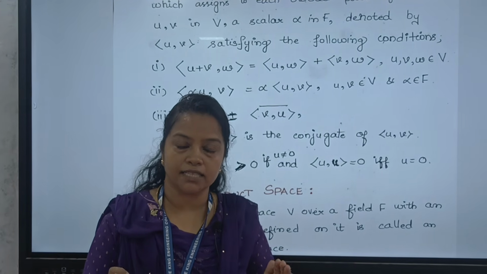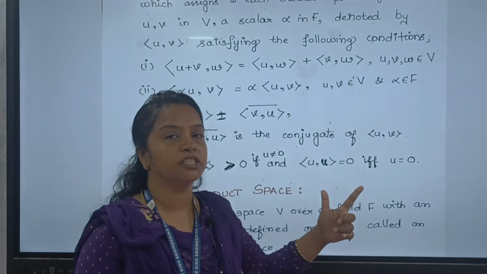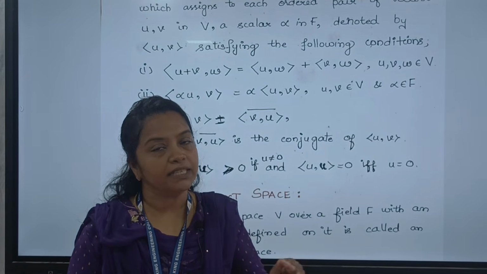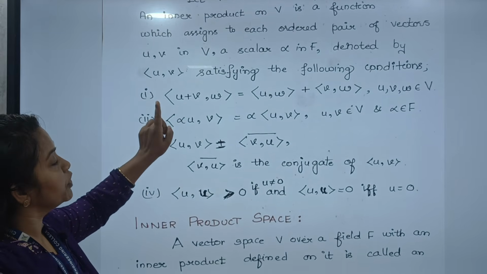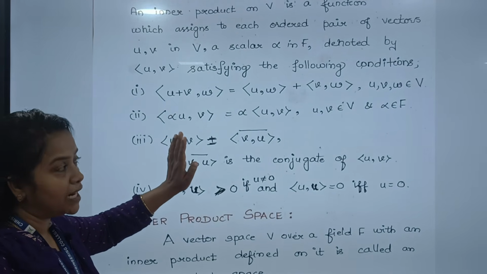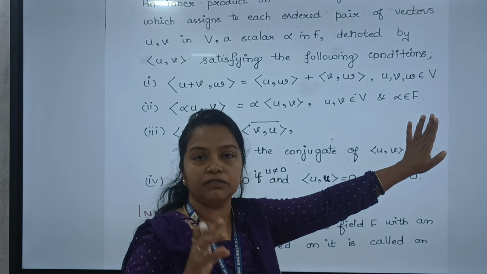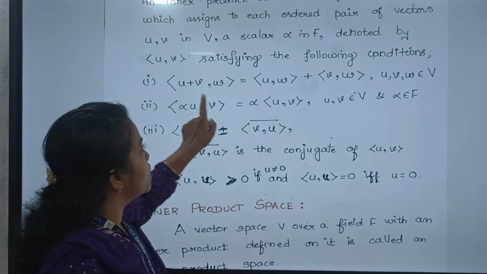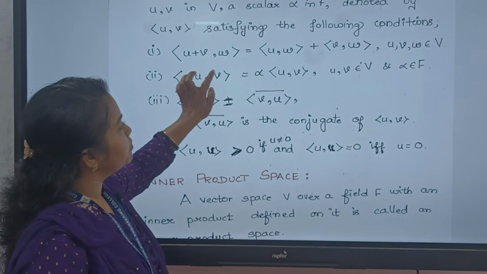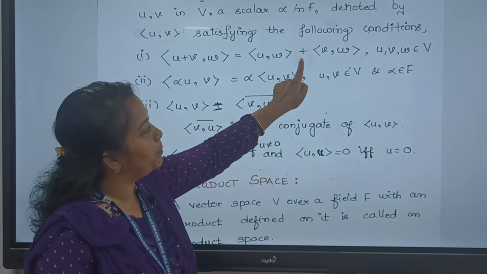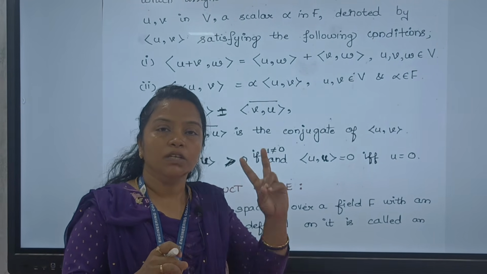The first point is the inner product of u plus v, comma w, where u, v, w are vectors in the vector space V. The addition of the first two vectors with w is the inner product of u, w plus the inner product of v, w. The product has been combined over the two vectors.